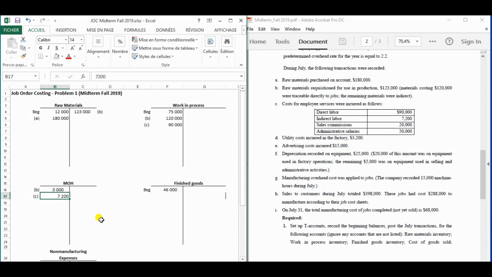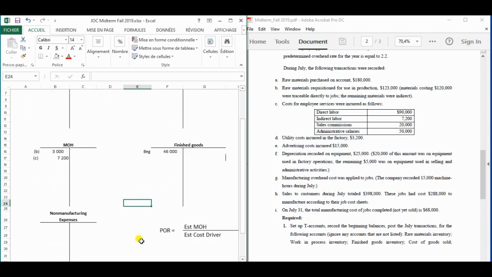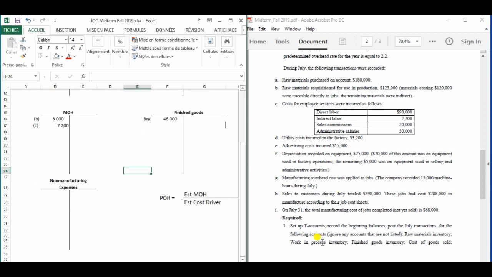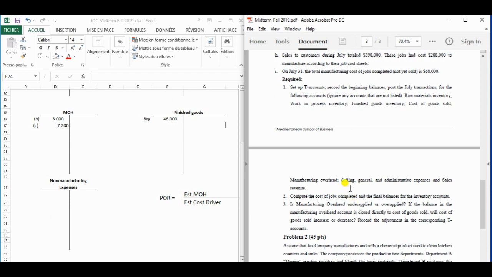Sales commission. Sales commissions are non-manufacturing costs, so we will use the selling and general and administrative expenses, or non-manufacturing expenses.